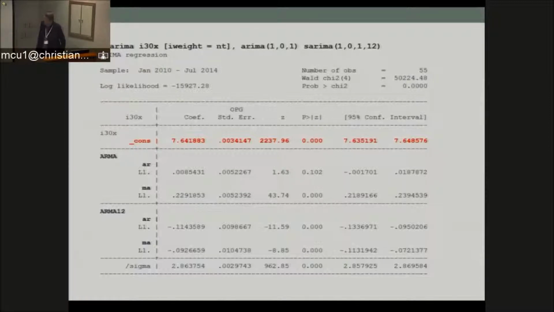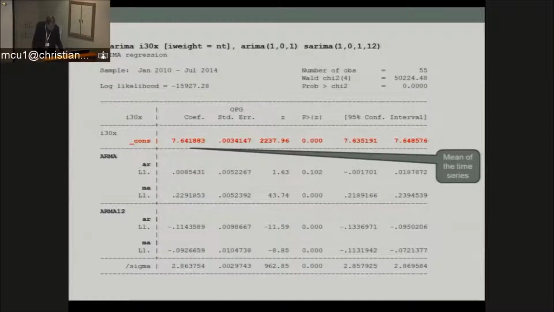Okay. So some interesting things happen when I do this. The first number I have here that's labeled a constant is the mean of the time series. The mean of that entire time series is 7.6.